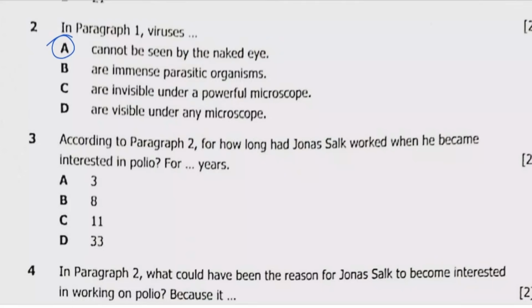So for dash years. He started working in 1939 and was interested in polio in 1947, so we find the difference. We borrow 1 from 4, then it becomes 17, then 8, then here it's 3. So it's 8 years. So the correct answer is B. He was interested in polio after working for 8 years.